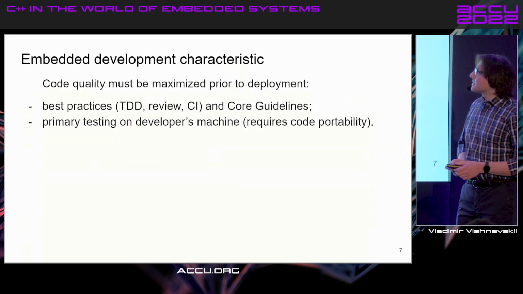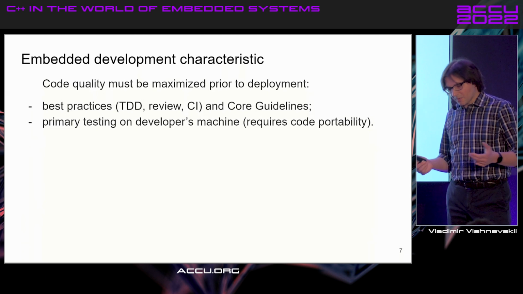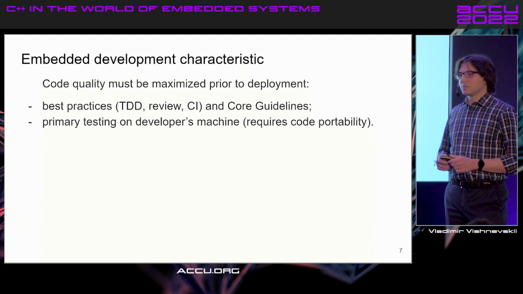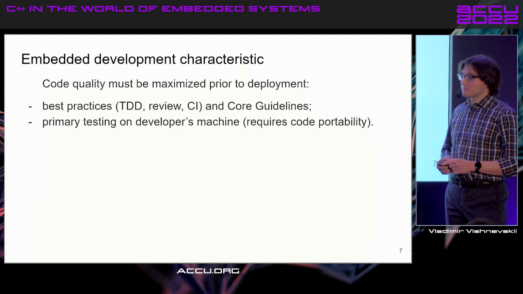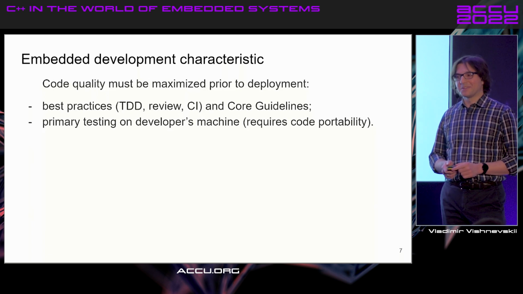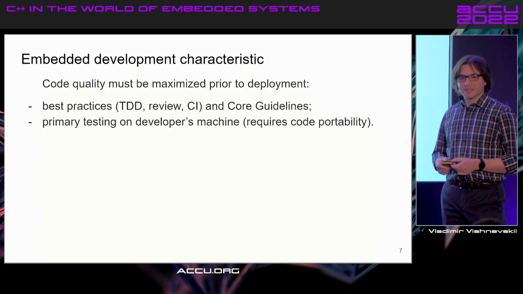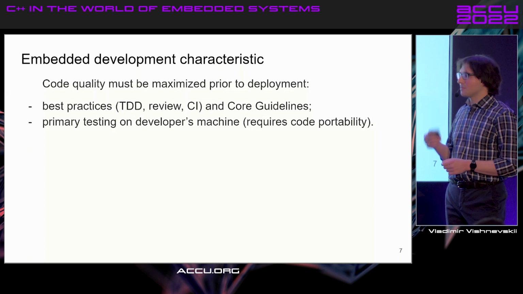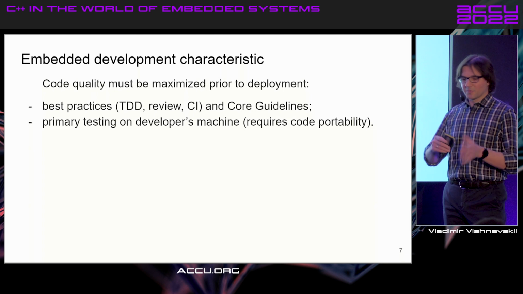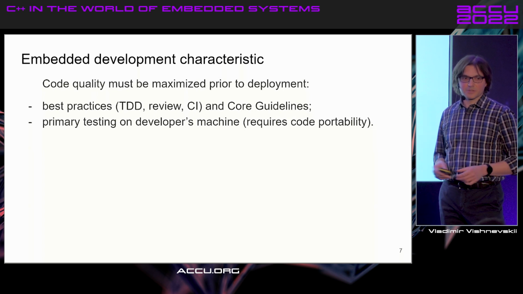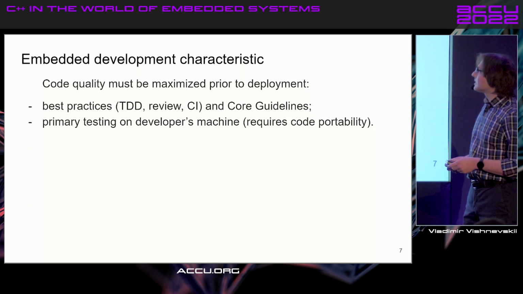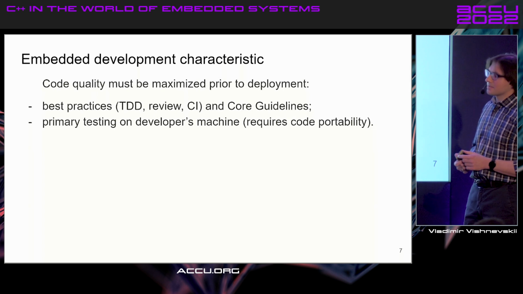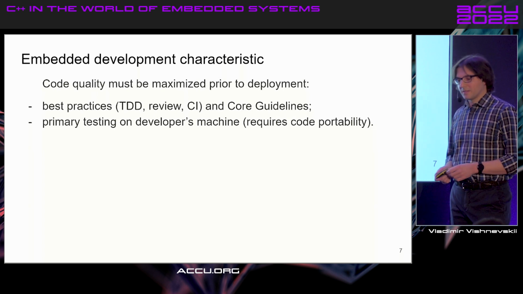And as a kind of consequence of this, I would highlight that it is I would even say crucial to minimize the defects and to actually maximize the quality of the code before any deployment on the target architecture. So the best practices should be applied.